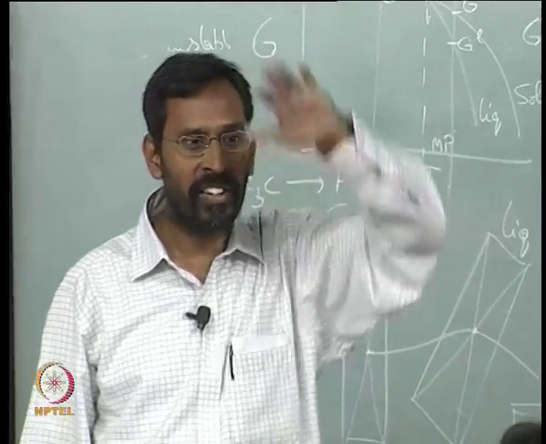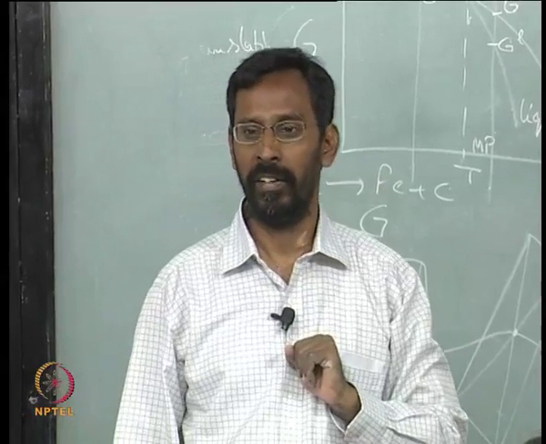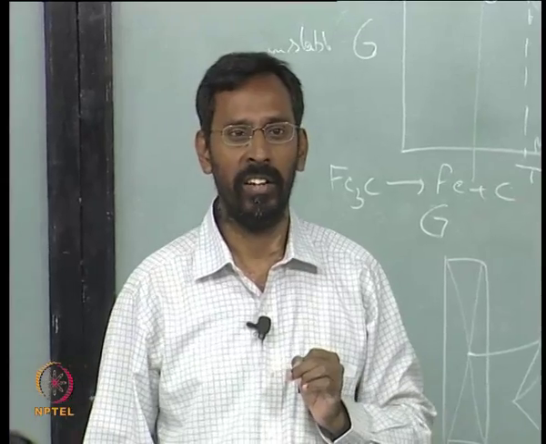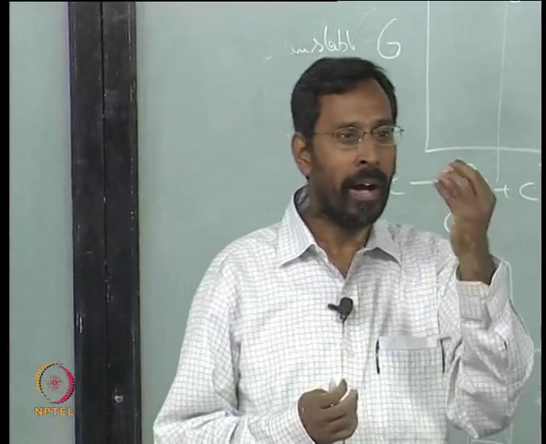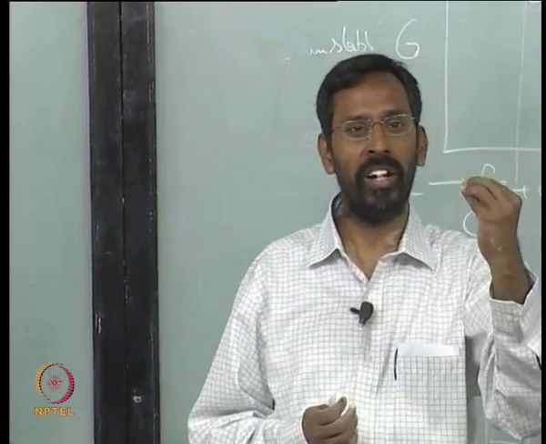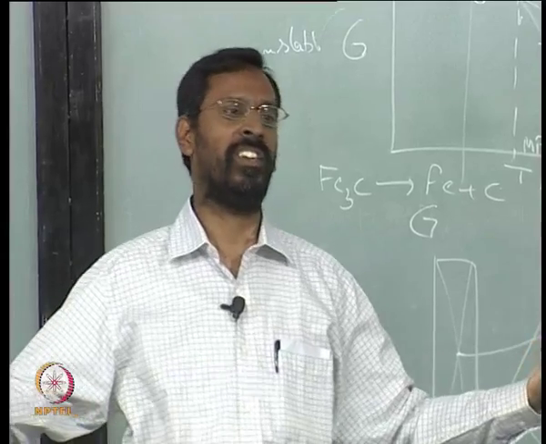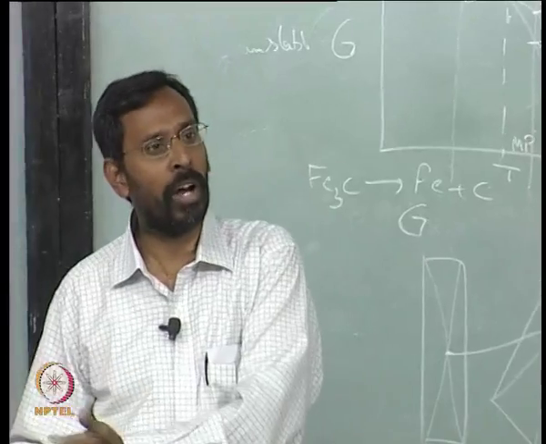So energy levels go by that hierarchy. Any atom sitting at the corner of a cube would have the highest energy, and that particular region, because it is at a highest energy, it wants to transform first to something which is a lower energy state.